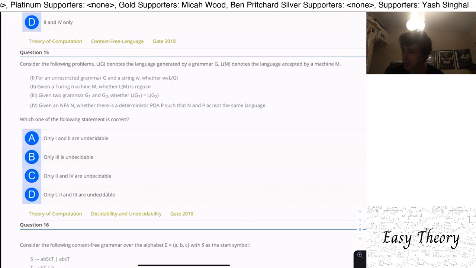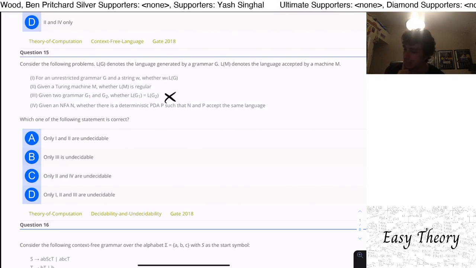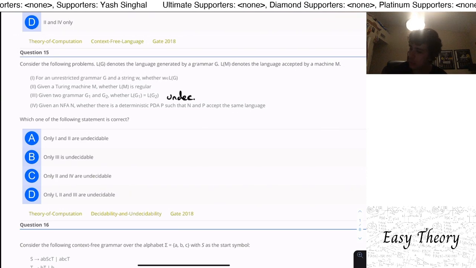L(G) denotes the language generated by a grammar G. Oh, we know that. It's looking at a bunch of languages or problems and figuring out whether they're decidable. The third one I can immediately see is undecidable, because that's EQ-CFG, which is undecidable. 2 is undecidable by Rice's theorem.